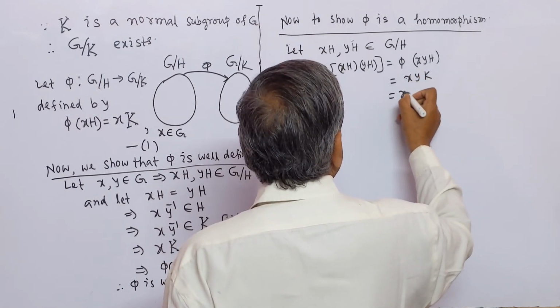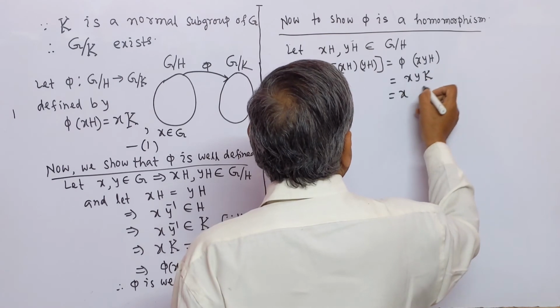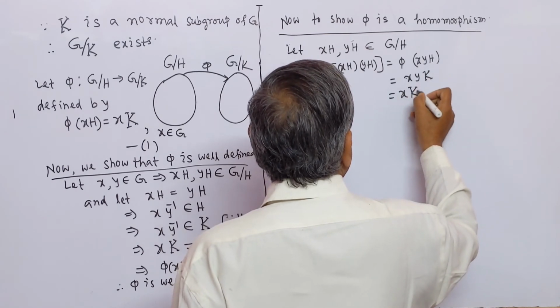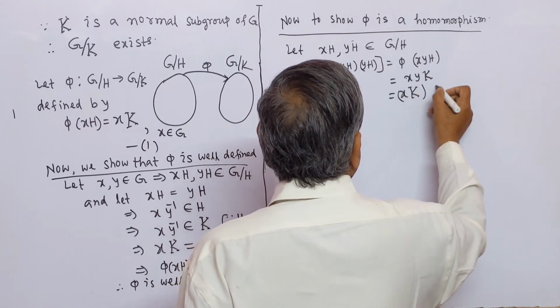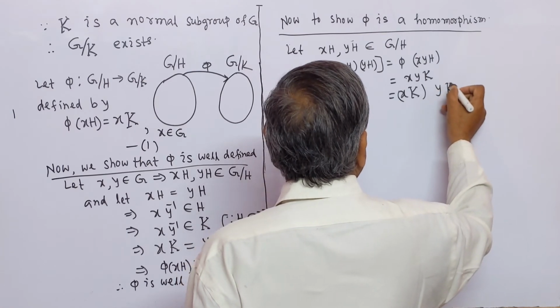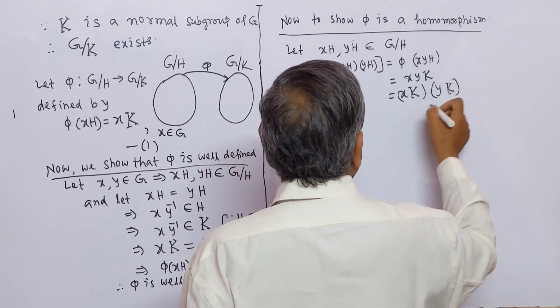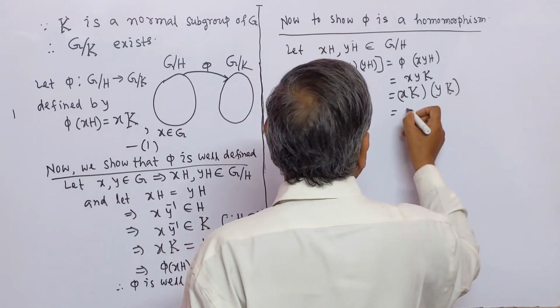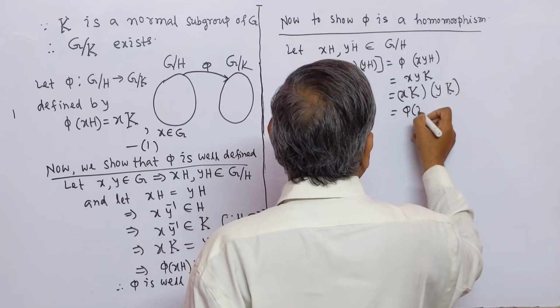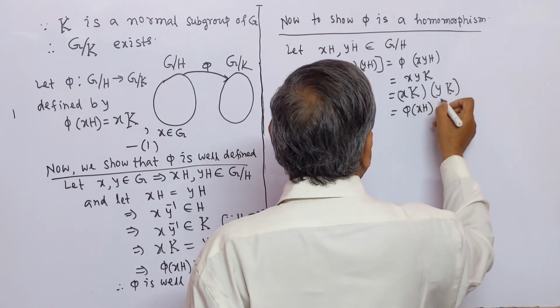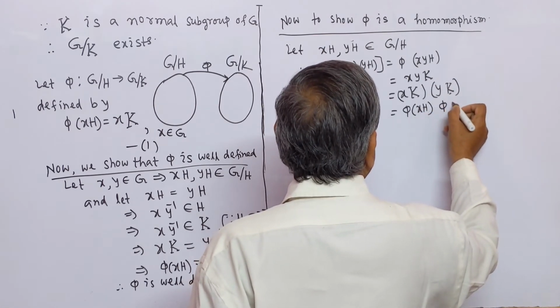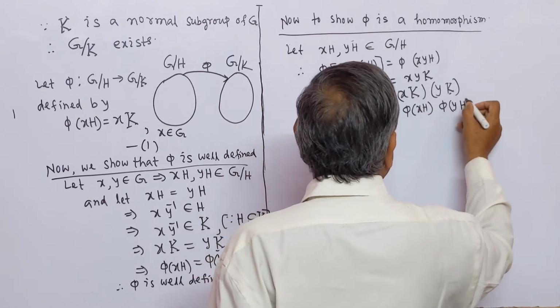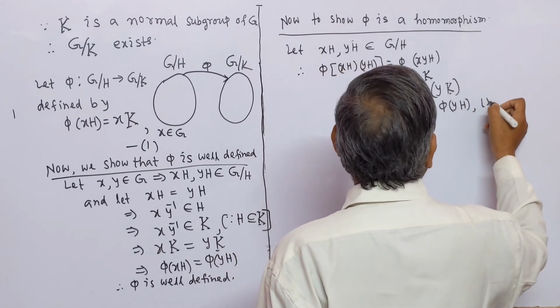This equal to xK yK, and xK equal to phi xH, yK equal to phi yH using 1.